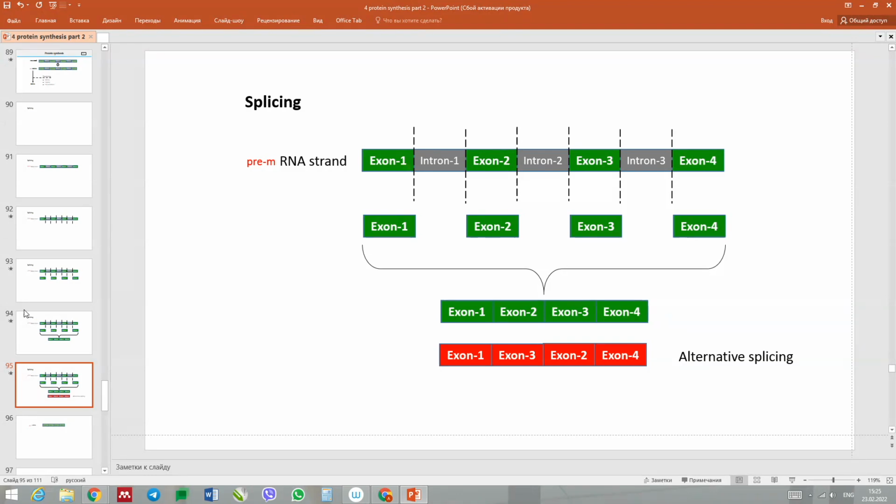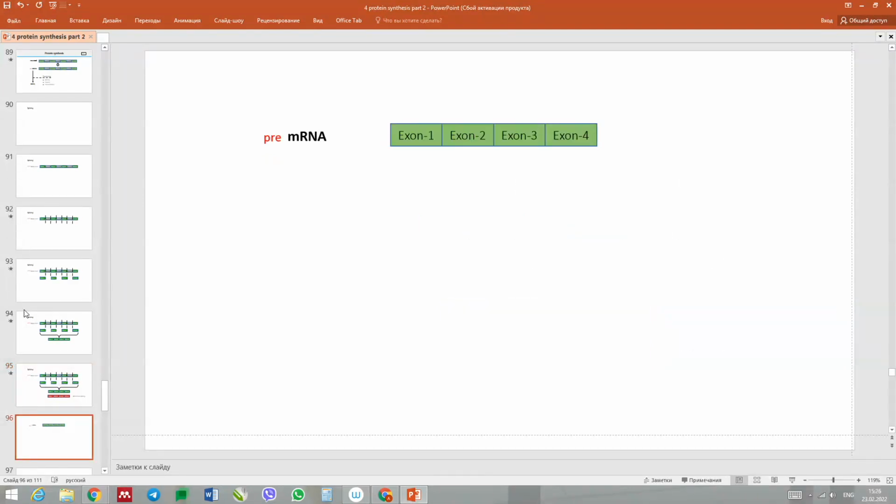If it leaves the nucleus in such a way, without protection, it will be destroyed by the enzymes inside of the cytoplasm. It will not reach ribosomes because it will be simply destroyed. In order to prevent this destruction, we have to provide additional protection for this messenger RNA before it leaves the nucleus.